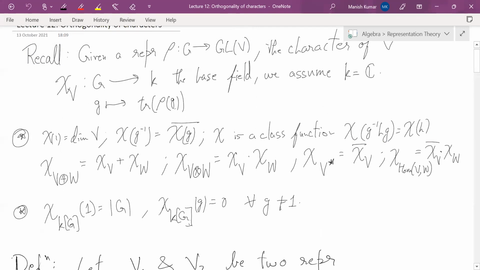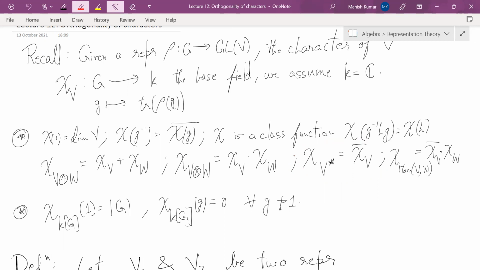These are some trivial observations just by looking at the representation of V plus W, maybe in matrix form. And then we saw that the character of the tensor product is the product of the characters. The character of the dual is the conjugate. So it's complex numbers, right?